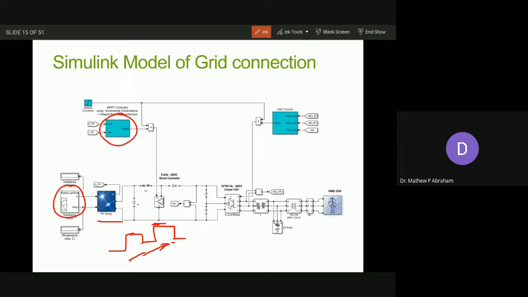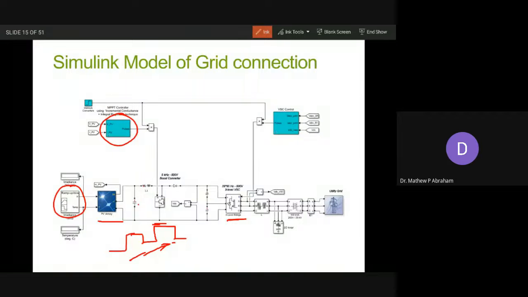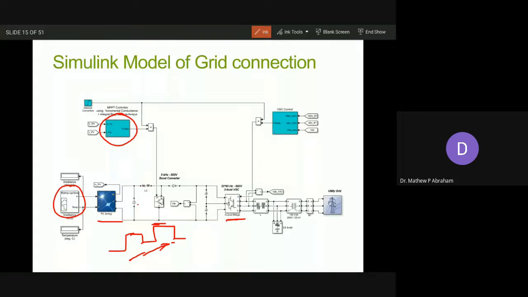And this is the other block which controls the inverter side. The inverter side control algorithm gets the feedbacks of the voltages and currents and the VDC requirement of the grid, the DC bus, right? And it controls these points.